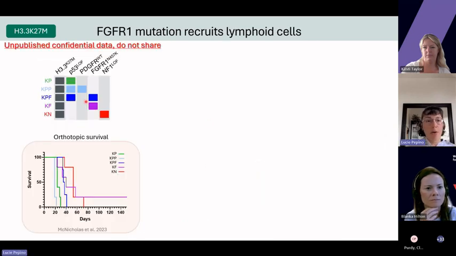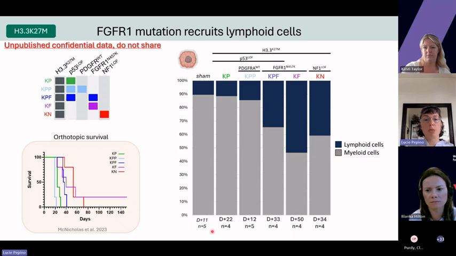So we find back our models, KP, KPP, KPF, KF, and KN, with the survival data that was obtained before. I called the animal at the median survival. So for example, 22 days post-surgery for KP, 12 days for KPP, 33 days for KPF, 50 days for KF, etcetera.